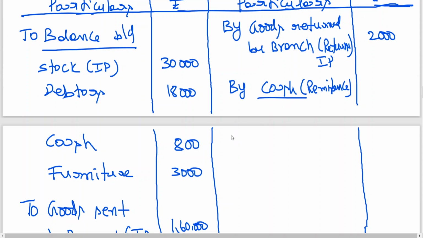You can write cash account or branch account, bank account. Cash sales 1 lakh.